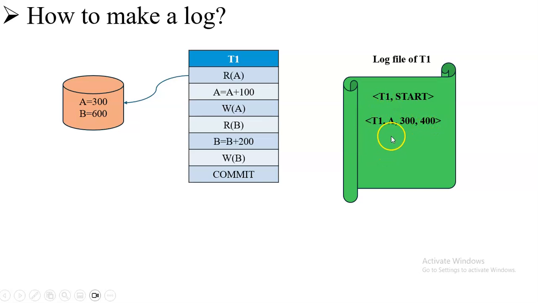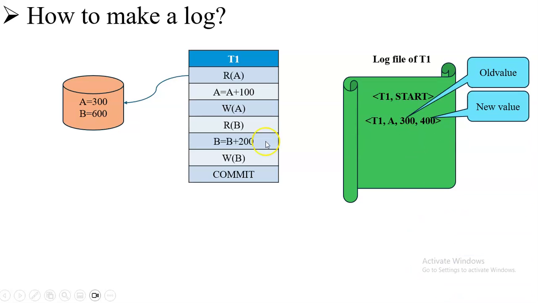T1 is the transaction, A is the variable on which transaction 1 is performing, 300 is the old value in the database, and 400 is the new value after adding 100. So this is how it is.